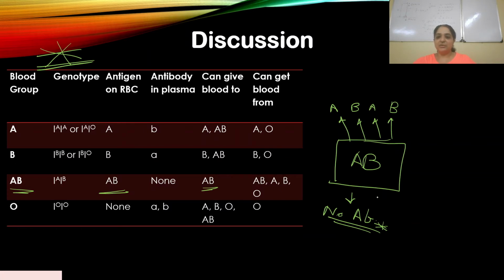No antigen-antibody reaction will occur, so we are safe. That person is safe from any problem. There will be no adverse reaction, you don't need to deal with all that. So it is called a universal recipient.